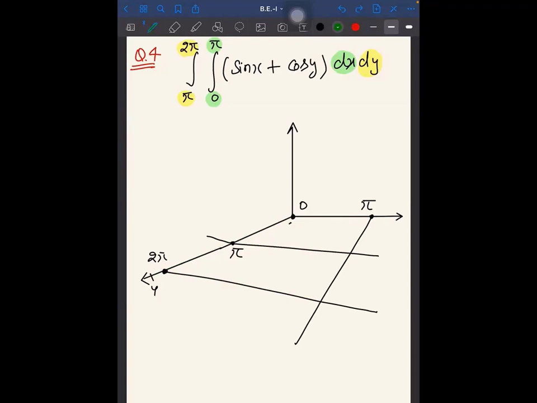Precisely, your rectangle would be this, this and this. So this is your region, a rectangular region. Of course, even if the limit is non-zero, it will still become a rectangle. The only requirement is that we should have constant limits of x and y.